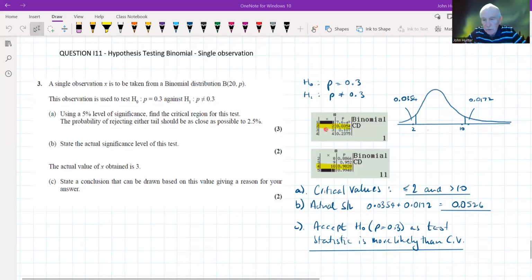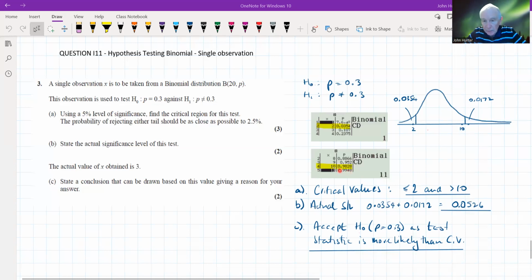Okay, so I've done some calculations using the Classwiz, and this shows us that the probability that the random variable, the number of successes that we experience in our trial, is less than or equal to 2 is 0.0354. So that's indicating a tail here with values 0, 1, and 2 of this probability.